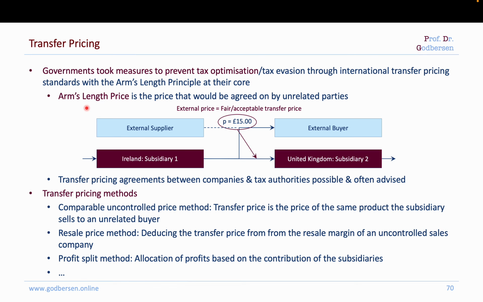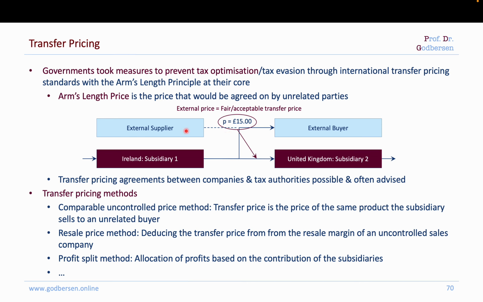An arm's length principle means within a corporation, two subsidiaries have to charge the same price that is or would be normal on a free market. So on a market with unrelated entities.